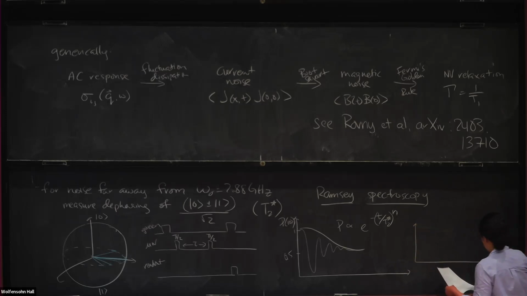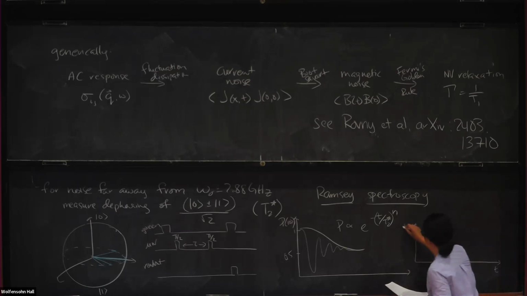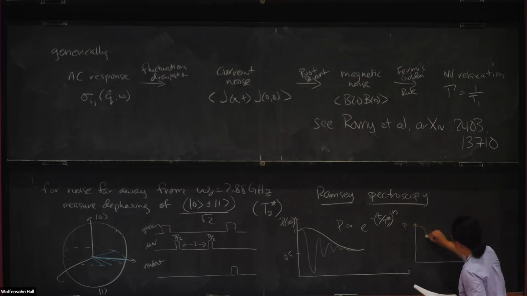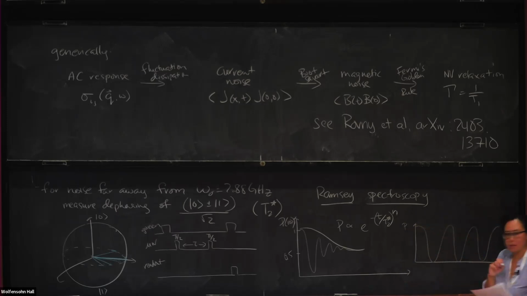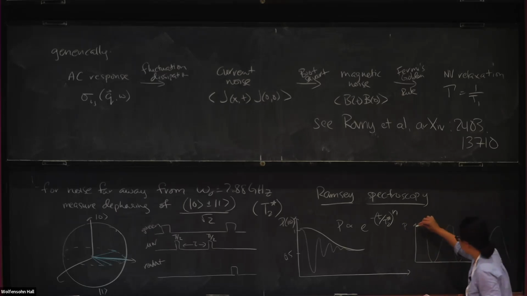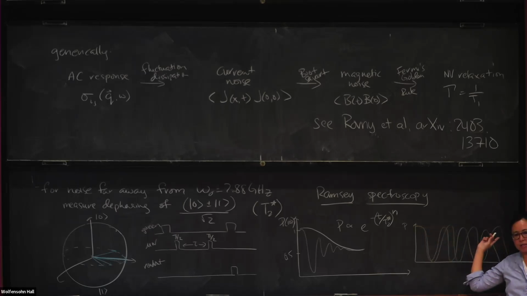So if I look over time and I have this population, and then I think, okay, in one magnetic field, it looks like this. And then I change the magnetic field very slightly, and I do the measurement again. Let's say the magnetic field increases. Then these things are going to go a little bit faster. And what you can see is that the phase slips get worse as I go to longer times.